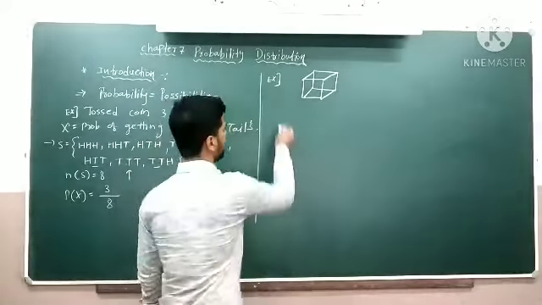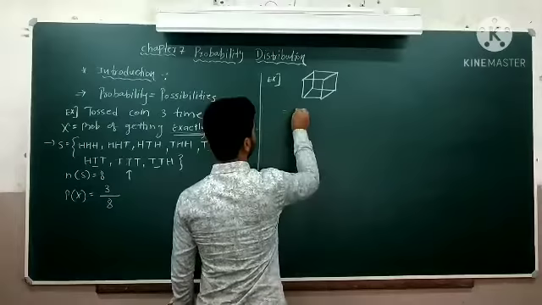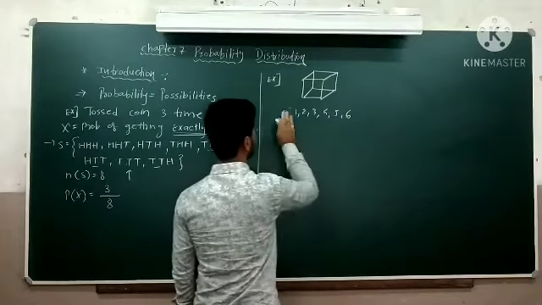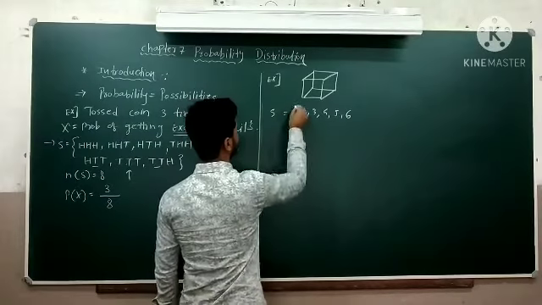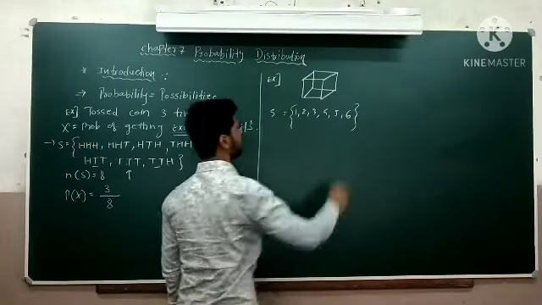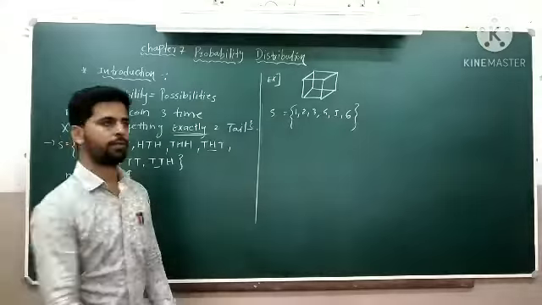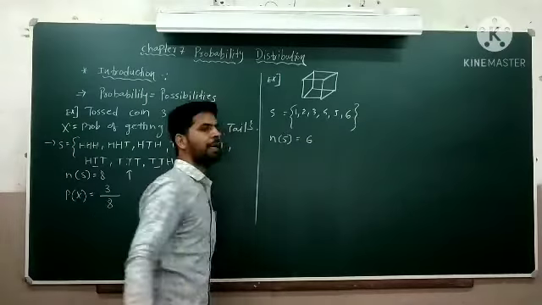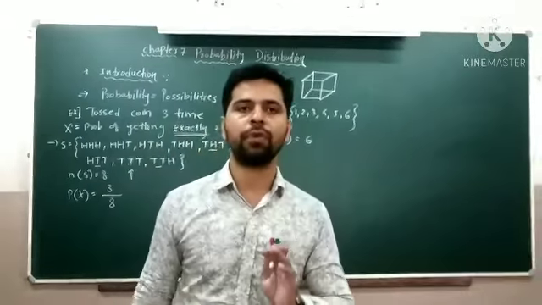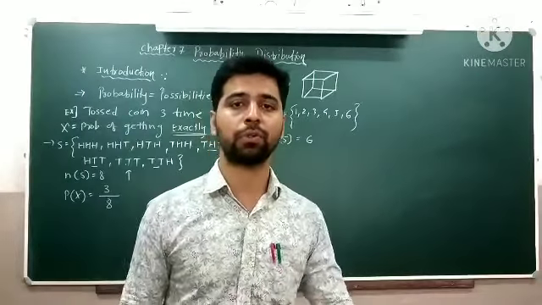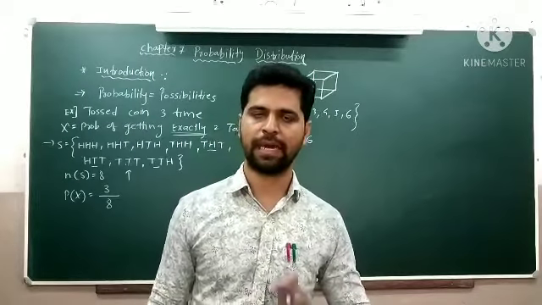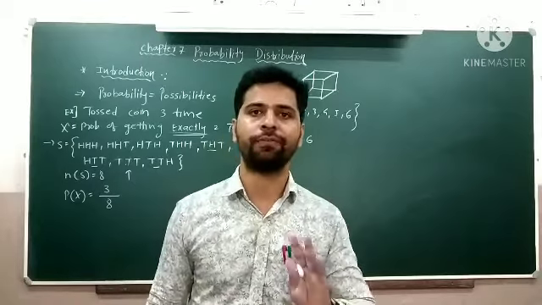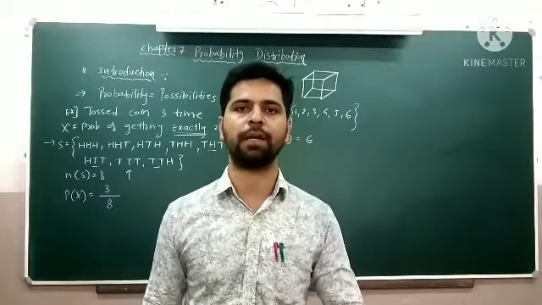So those 6 faces are 1, 2, 3, 4, 5, 6. The dice has 6 faces. So you got the n of S value as 6. Now my question is, what if you throw a dice one time, what is the probability of getting 5 on its uppermost face?